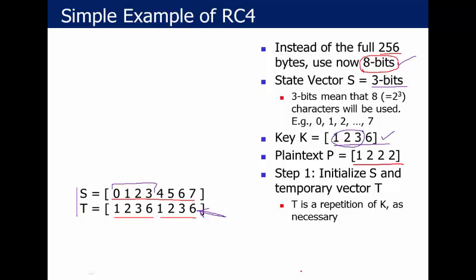So we want to encrypt 4 characters, so we generate the first K to be used for the first character, the second K for the second character, the third K for the third character, and so on and so forth. So as a value comes in, a new K is generated.